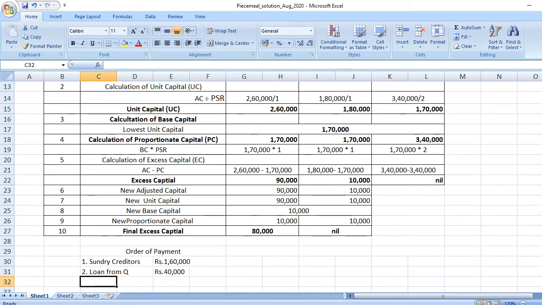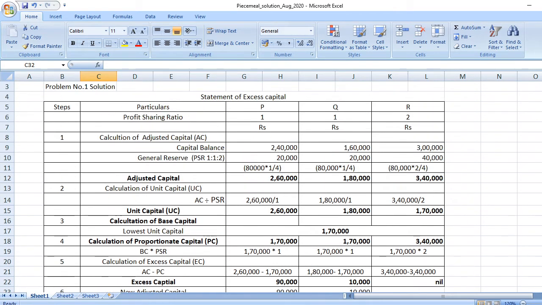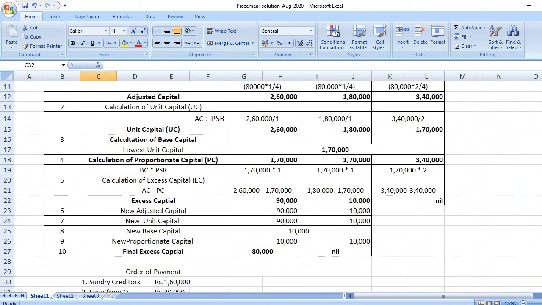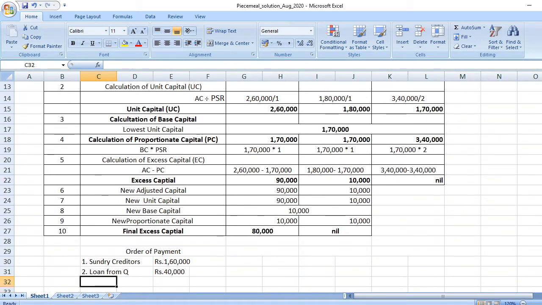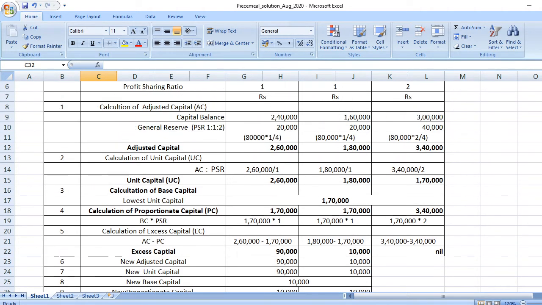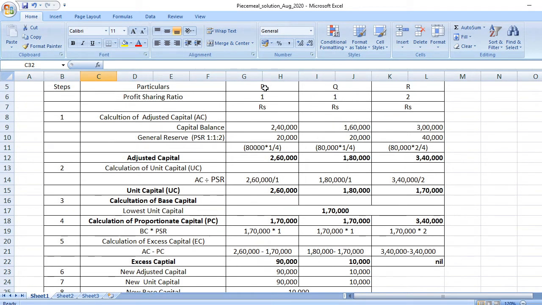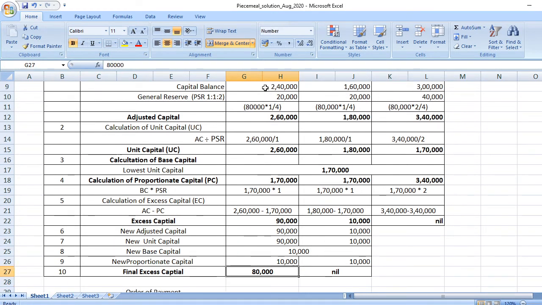We have three partners, P, Q, R, with profit sharing ratio 1:2. The person holding the final excess capital, that amount we have to pay first. The final excess capital is held by Mr. P, so this amount we pay first.